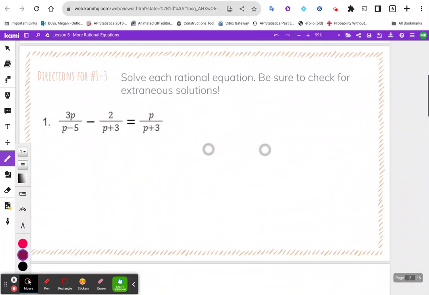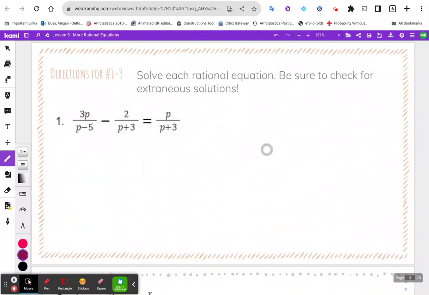So all I'm going to do for these first three are just continue the practice that we were doing in the previous lesson. We're solving each rational equation, and we're looking for extraneous solutions. So just the same way as we did in the previous section for that warm-up, our LCD is going to be p minus 5 and p plus 3.